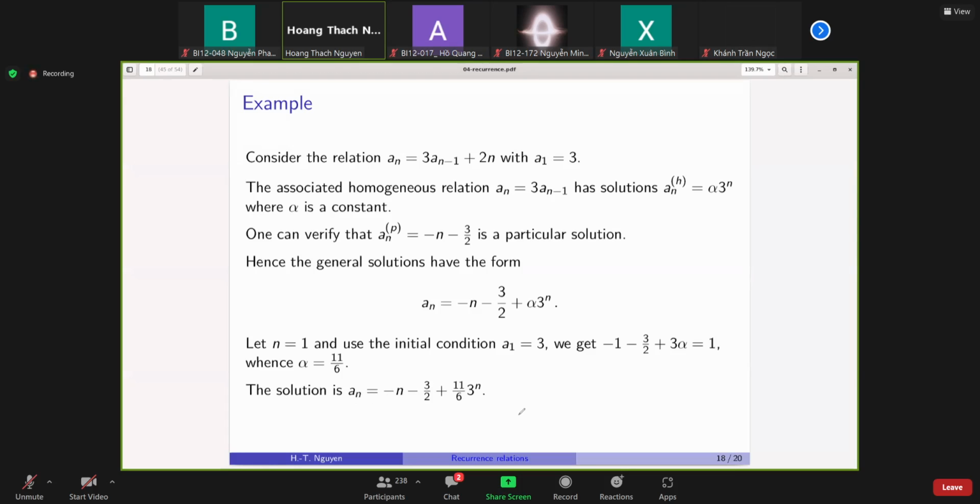If you still don't believe it, then you can continue to verify with n equal to 3 or 4 and so on.